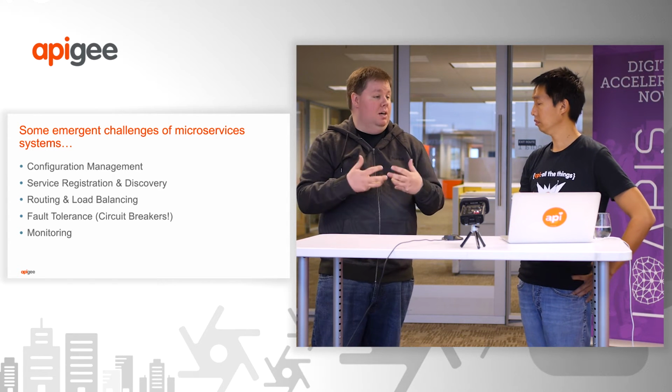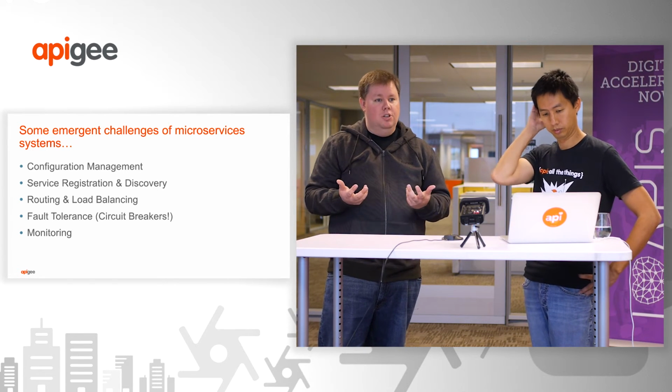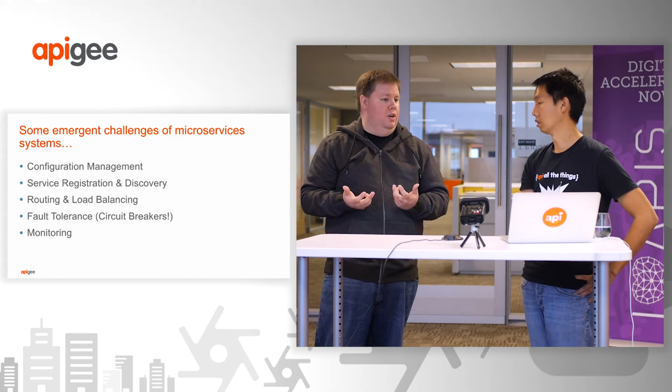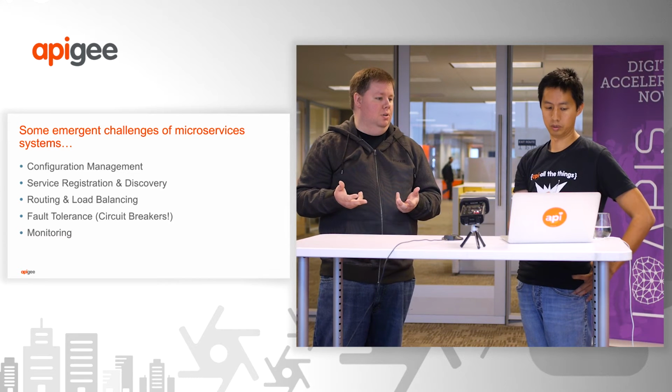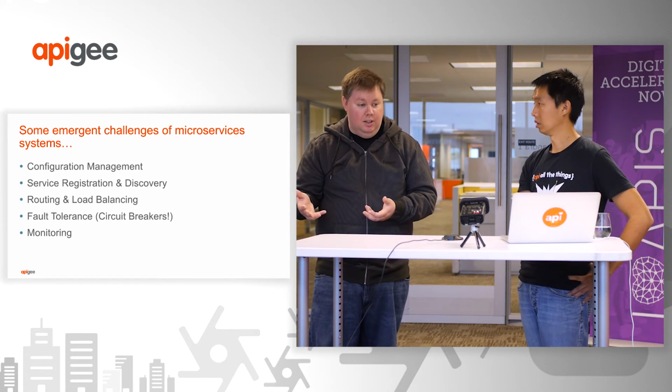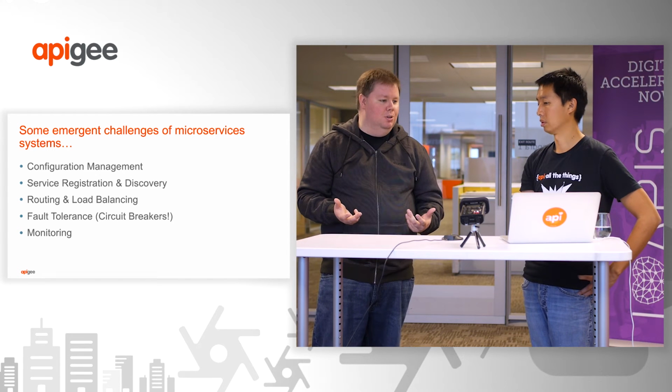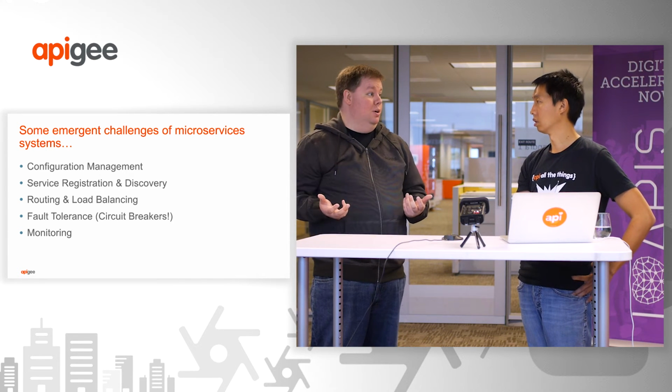And if you think about distributed systems and failure in general, the probability of failure of any node in the system goes up exponentially with the number of nodes you have. So the more microservices you build, the more likely it is that something's going to fail.